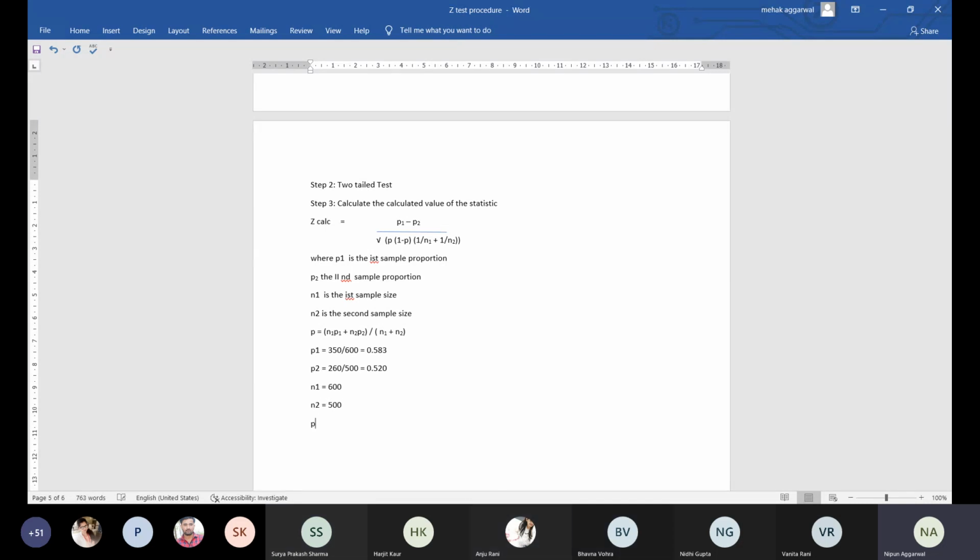So P is 600 into 0.583 plus 500 into 0.520, whole divided by N1 plus N2, which is 1100. Fine. So solve this to get the value of P.